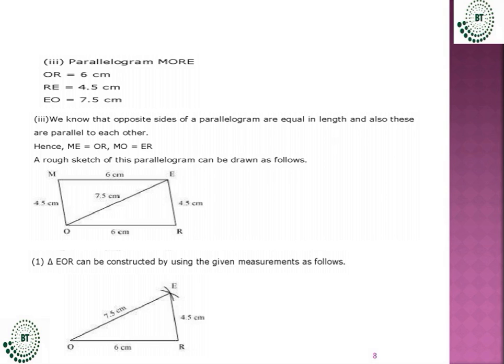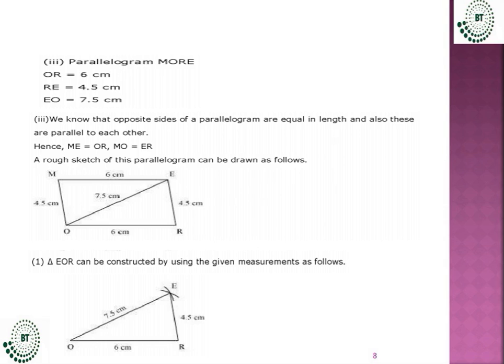The first step will be, again, we have to draw the basic triangle EOR. First draw the line OR 6 centimeters, then cut an arc of radius 7.5 centimeters from the point O, then cut an arc of 4.5 centimeters from point R. Where both the arcs intersect, that will be your point E. Join E with O and R. So you will get your triangle EOR.